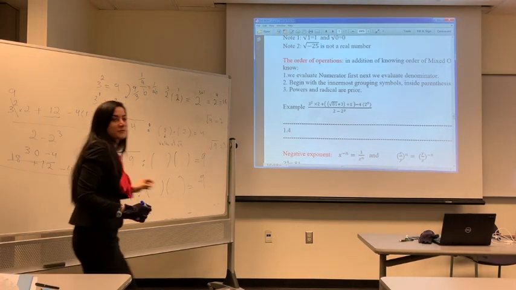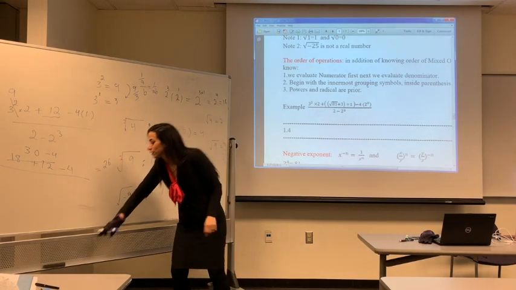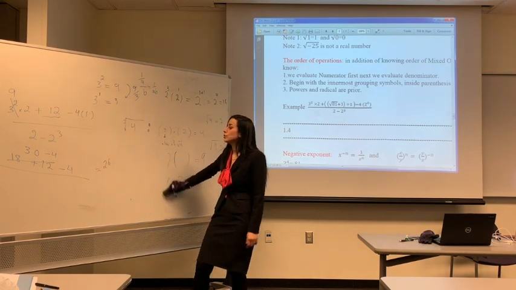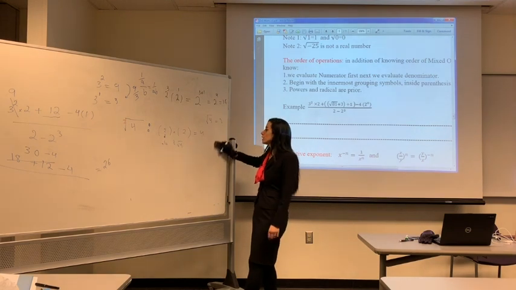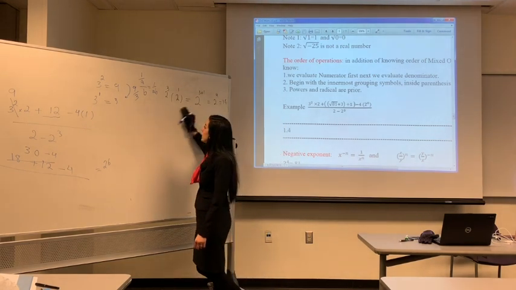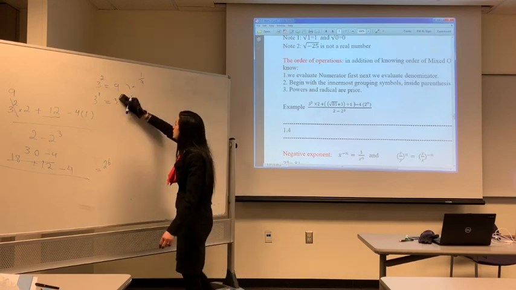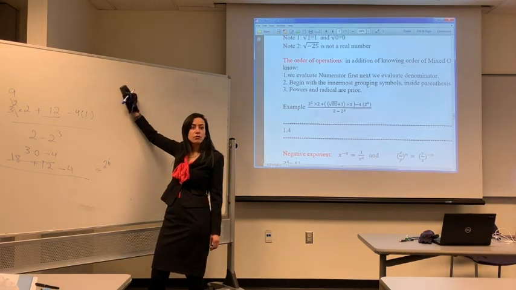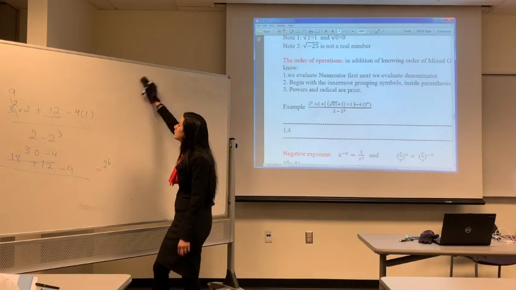Correct? So now in the numerator we have 26. The first two terms gave us 30, minus 4 gives us 26. So now we finish the numerator. We should go to the denominator. Is everything fine? No mistake yet? Okay.